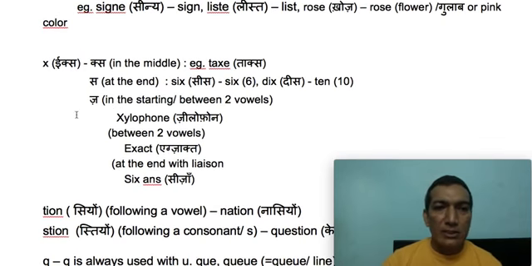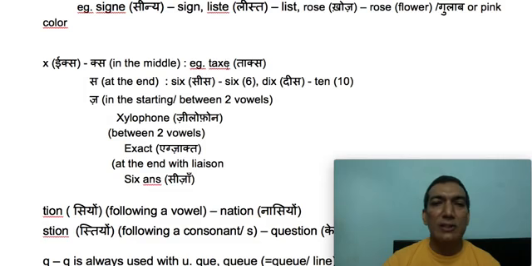Then another letter is x. So x has different sounds also. Whenever it comes in the middle of a word like tax, it is pronounced as x, like as we pronounce it, x.